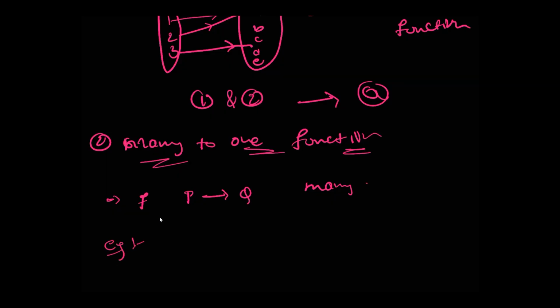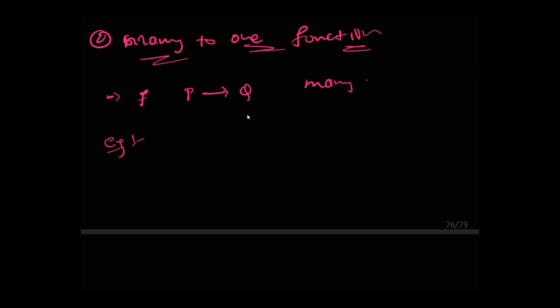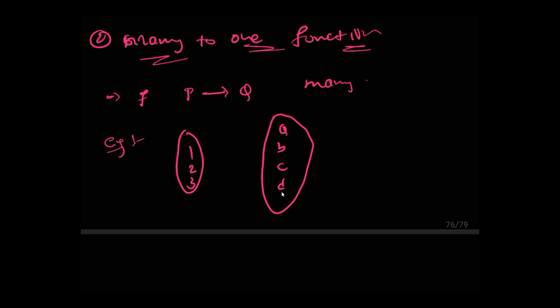Example, let us take the same sets P and Q. 1, 2, 3, a, b, c, d, e. Two or more elements go to the same element of Q. This is a many to one function.